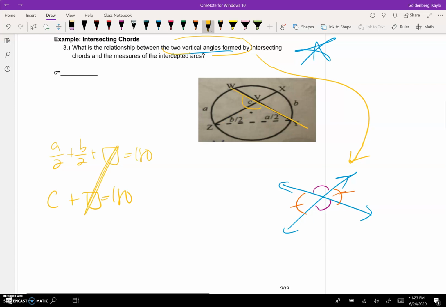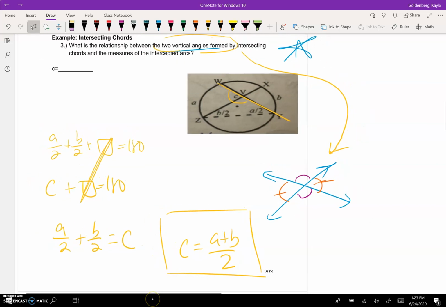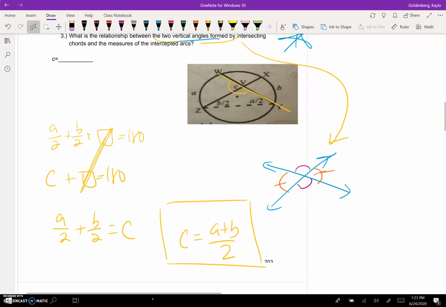Similar to the last problem, these are the same. So you may conclude that this is true. If you combine the fractions, C equals A plus B divided by 2. Okay, so really similar to the last problem in structure, but we now have a way to find C by averaging A and B. So that is it for this problem set.